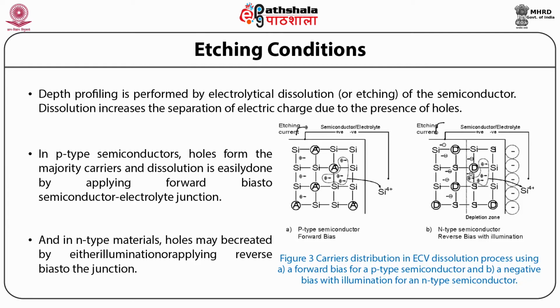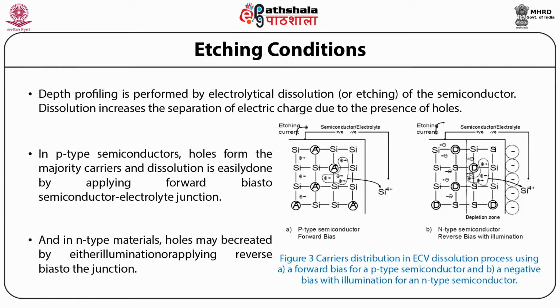And in n-type materials, holes may be created by either illumination or applying reverse bias to the junction. Even a short wavelength light can promote electrons to the conduction band from the valence band, leaving holes behind which are drawn towards the surface by reverse biasing the junction.